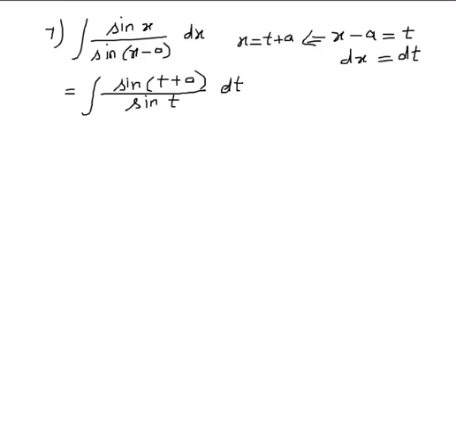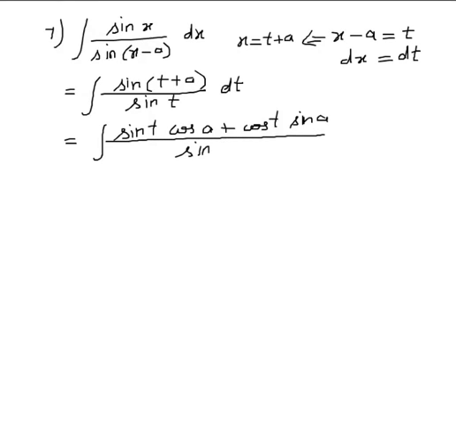Now see, we have two letters in the numerator and one letter in the denominator. We can use formula for the numerator and we get two terms, and then we can split the integrand into two terms. Sine of t plus a is sin t cos a plus cos t sin a, divided by sin t.